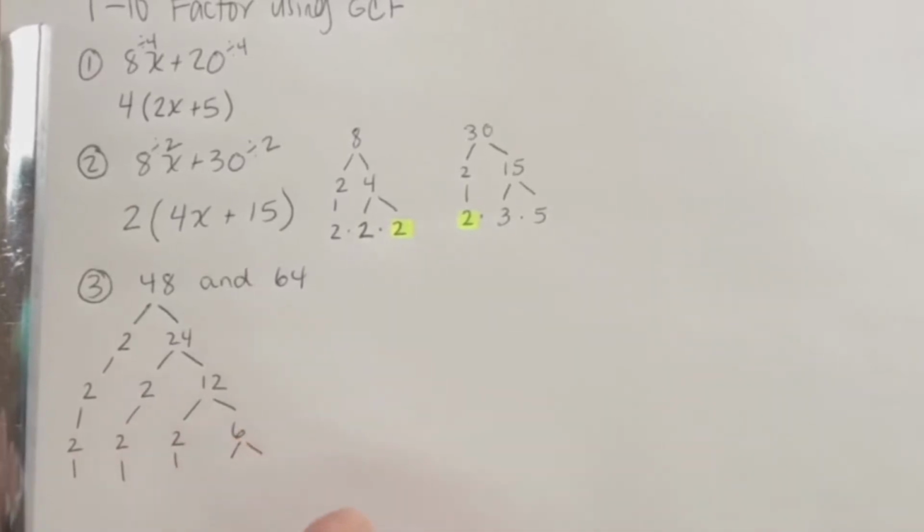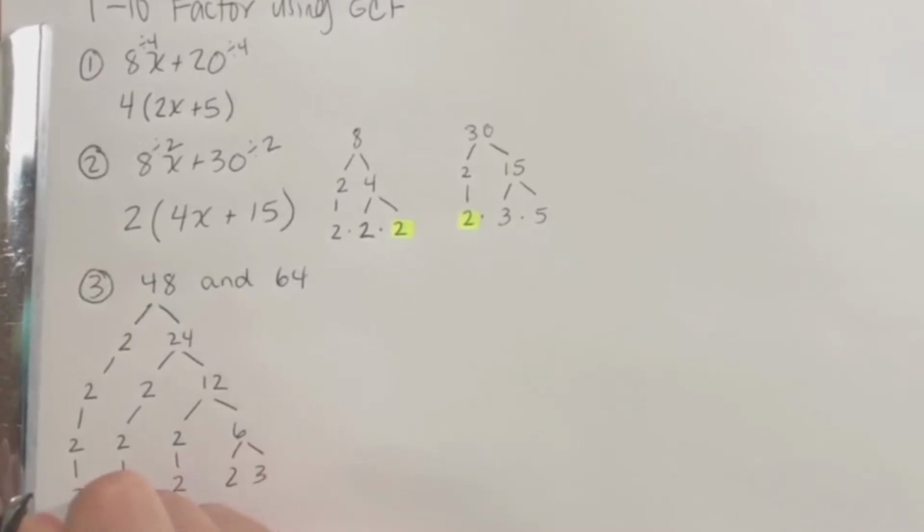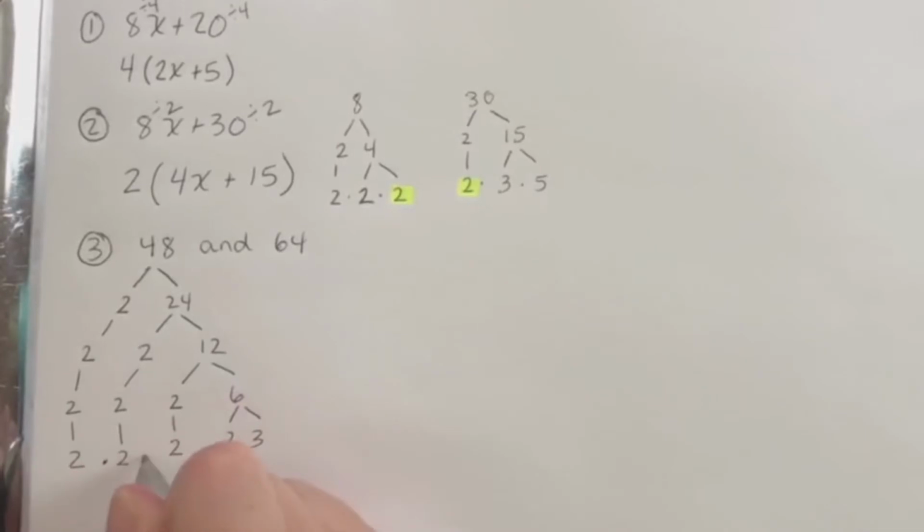And 6 is going to be 2 times 3. So 48 is 2 times 2 times 2 times 2 times 3.